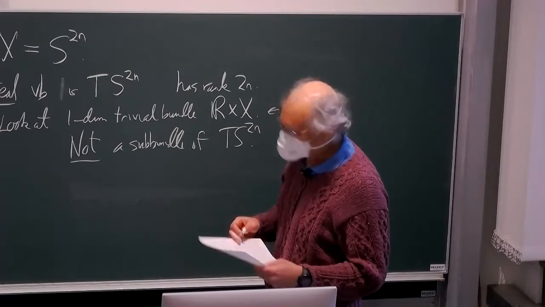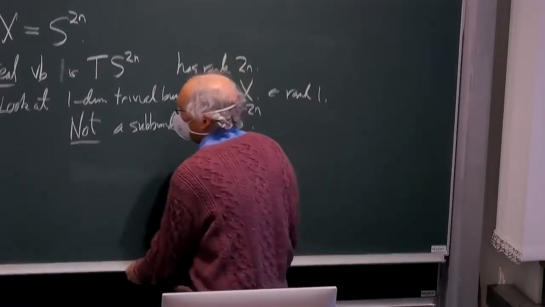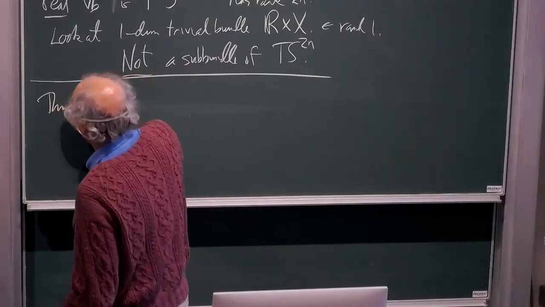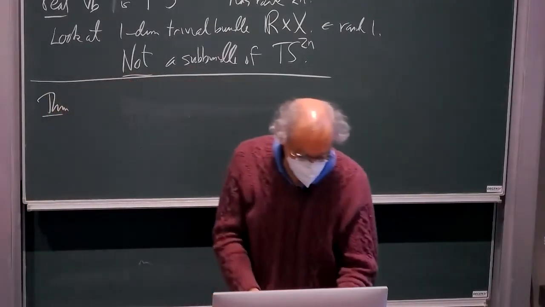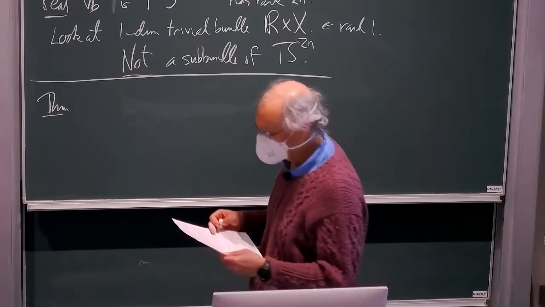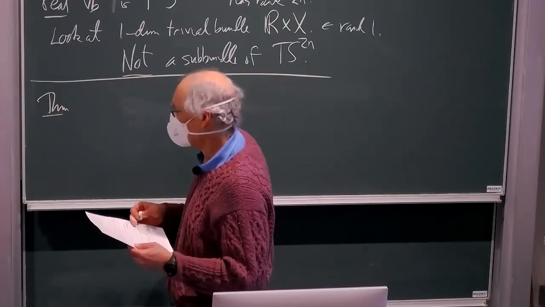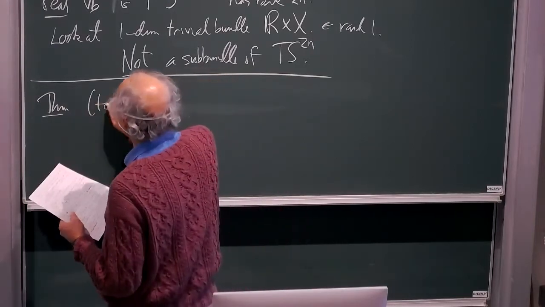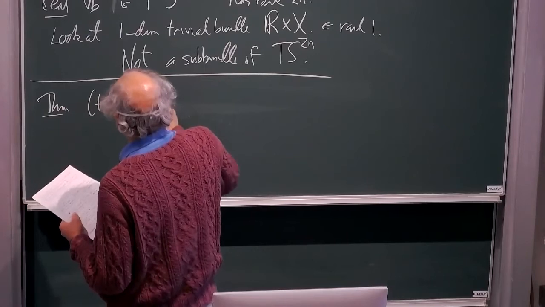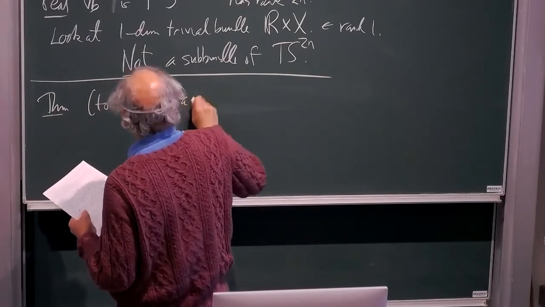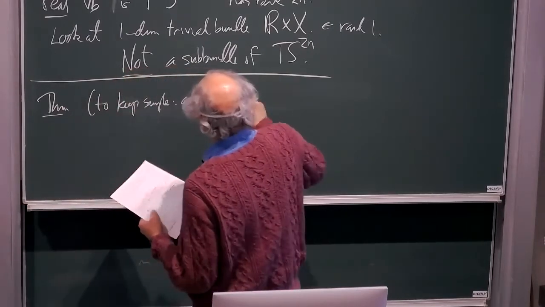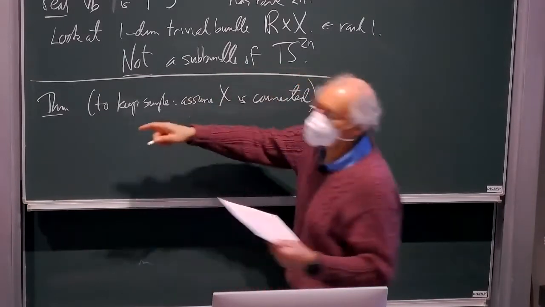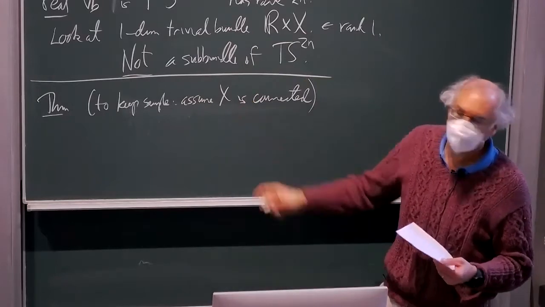All right, so now I'm going to go back to the complex situation. Theorem. This has been known for a long time, at least for finite complexes, and you get to general cases by taking inverse limits. To keep things simple, I'll assume X is connected. This means that the fibers all have the same dimension.